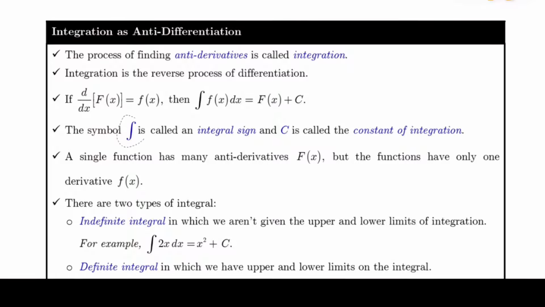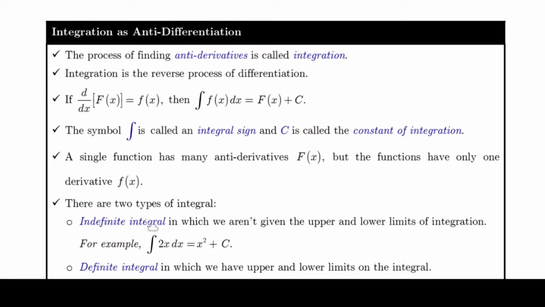Okay? This symbol is called an integral sign, and c is called the constant of integration. A single function has many antiderivatives, but a function has only one derivative.